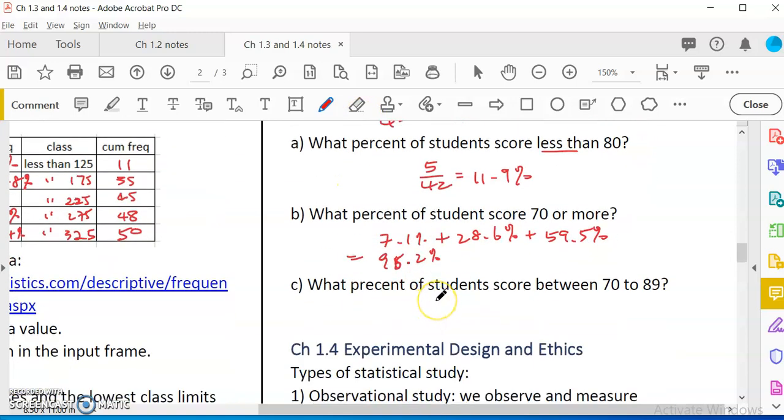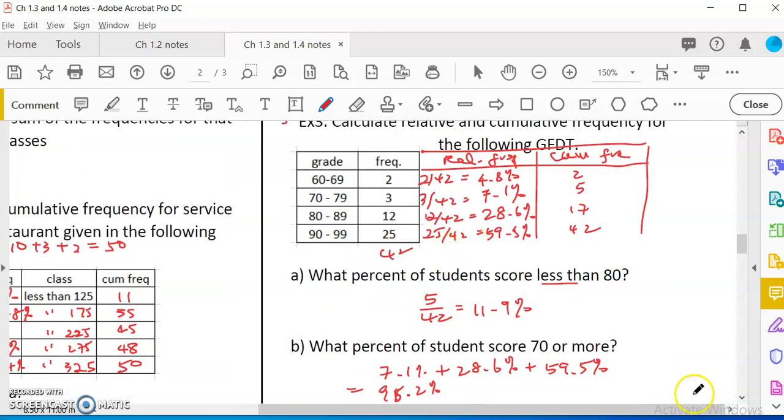It's 95% of people. What percent of students score between 70 and 89? So between 70 and 89, it's like a B or C, right? So it would be these two rows. Now you cannot use the relative frequency, and you cannot use the cumulative because it's in between. So you just look at the frequency and say, these two rows are between 70 and 89.